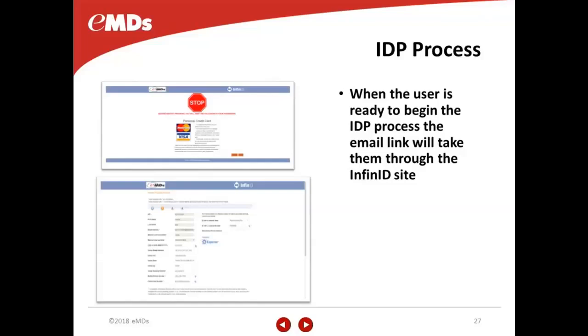But that link from the email will take them to the InfinID site and allow the user to go through the process. They will need to enter some credit card information, just again for the ID proofing, and then they'll be asked a set of questions that the system feels that only they should know the answer to.